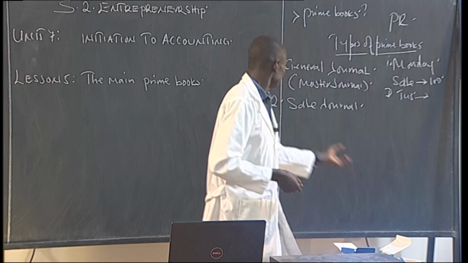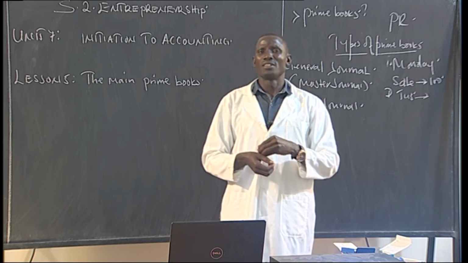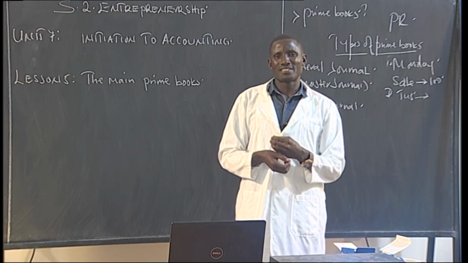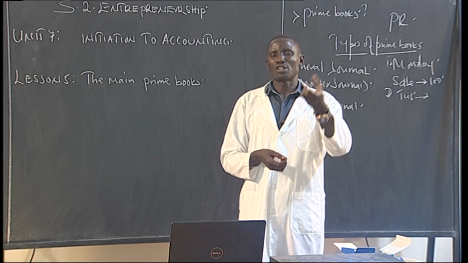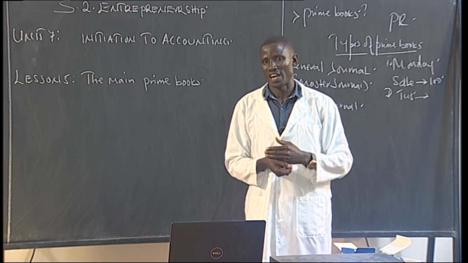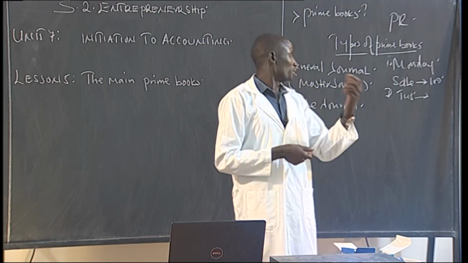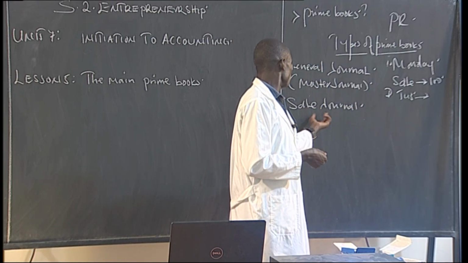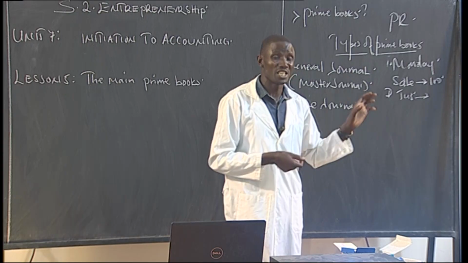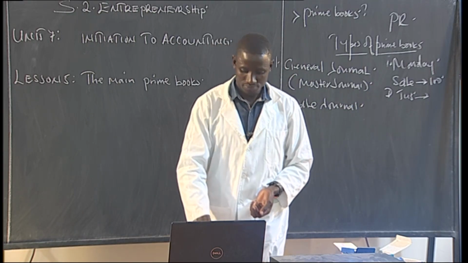In this sales journal, you record the commodities that you have sold on credit, to be paid after. That's where we record, in the sales journal, credit sales only. Okay?